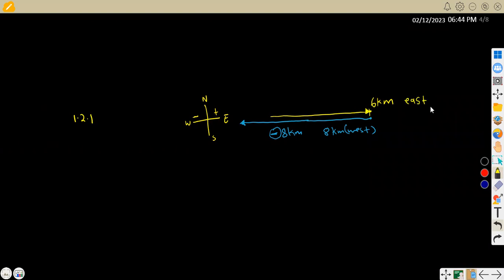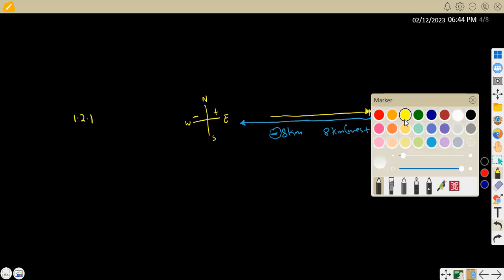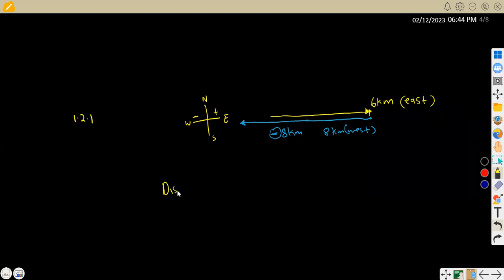The question is to calculate the total displacement. Remember that displacement is the resultant from the starting point to the ending point. In this case, the displacement is the difference between these two, because the man went this side, then again this side.